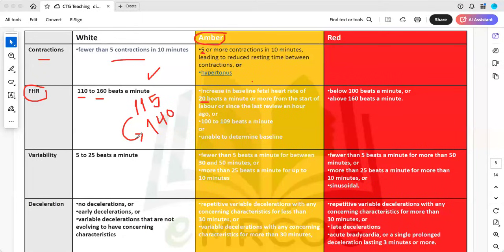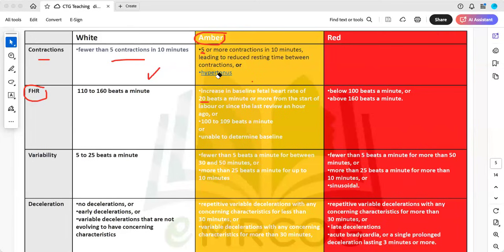So be careful, right? This could be an early sign of deterioration, the change in the fetal heart rate, even if it is still within the normal range, but it's 20 beats or more in a minute since the start of labor or since the last review 1 hour ago. This is considered an amber feature.